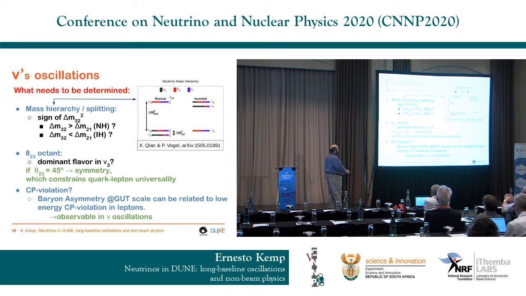There is a factor that takes into account the octant, and if we have a maximal mixing, this shows a symmetry connecting the quark and the lepton description in the standard model.